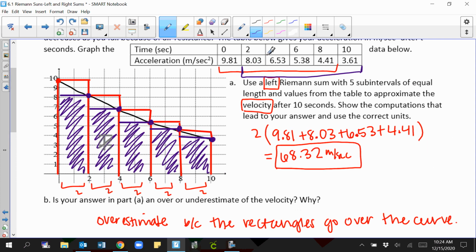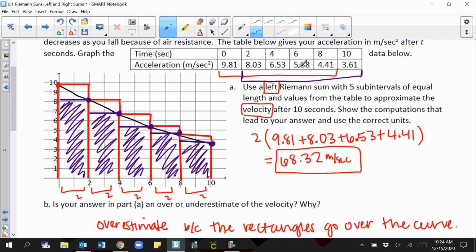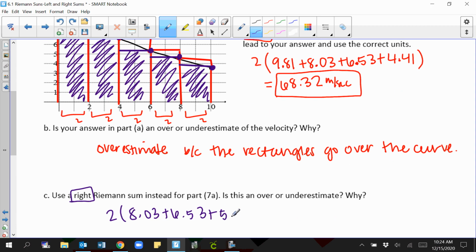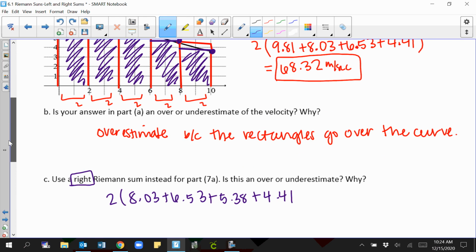So 8.03, 6.53, and then it is 5.38, 4.41, and 3.61.